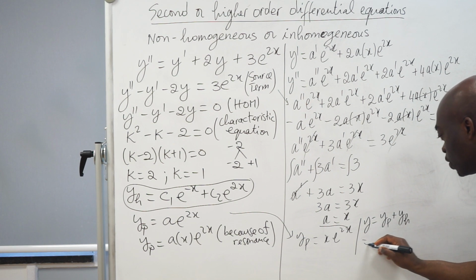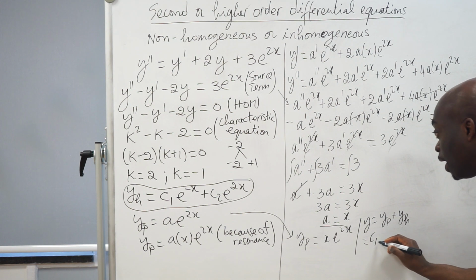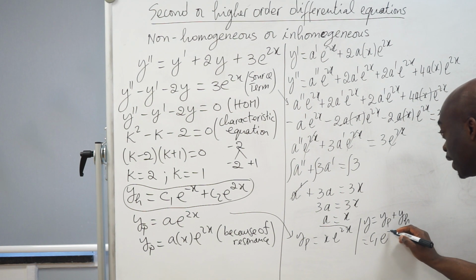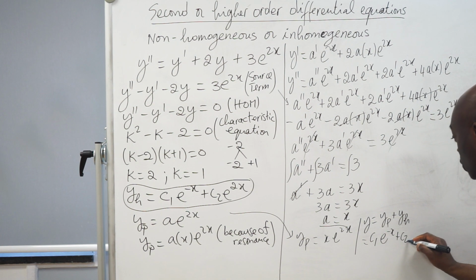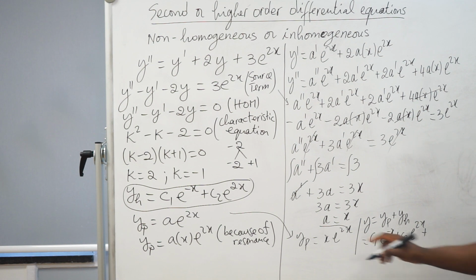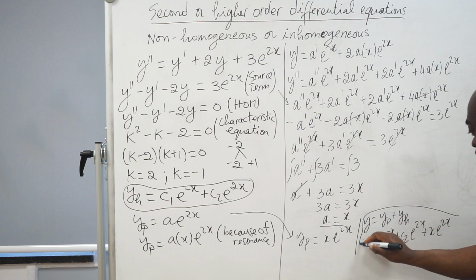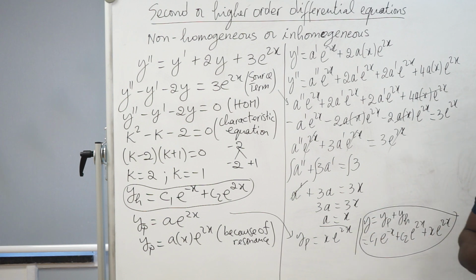What is y sub h? It's this one here: c1 exponential negative x plus c2 exponential 2x, plus the y sub p, which is x exponential 2x. Ladies and gentlemen, now you are done. Fully done.